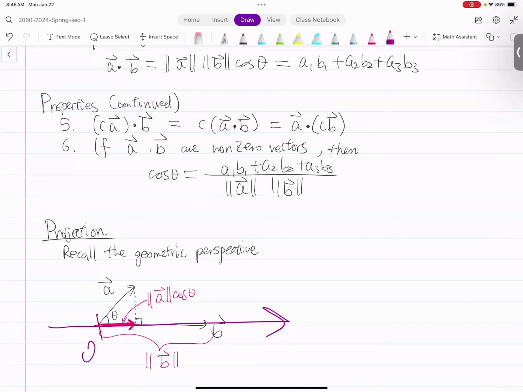This is the origin in a sense, and then this red thing could land on the right of the origin, it could land on the left of the origin. So that's essentially a real number. But at least we know what that value is. That's actually the magnitude of A times cosine theta. And of course, if theta is too large, then this thing could be on the left-hand side, right?